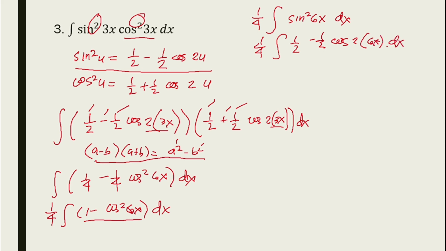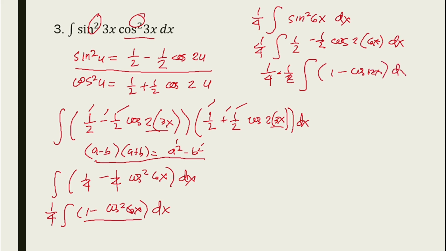So after this part, we have to extract this 1/2. This is 1/4 times 1/2, the integral of 1 minus cosine of 12x dx.